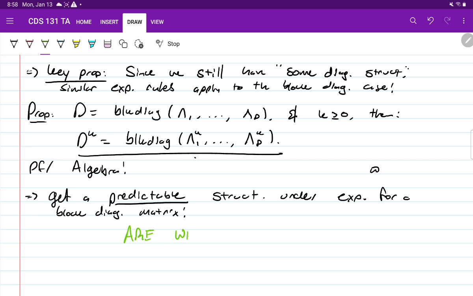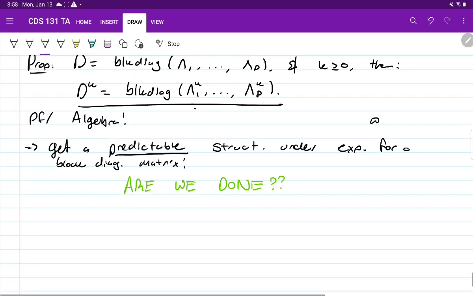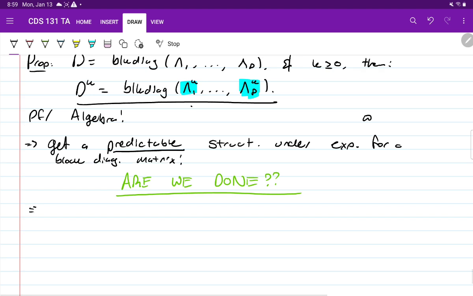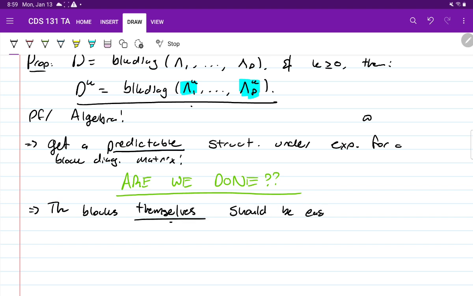Are we done? Well, if we take a look at this formula up here, we actually need to know how to compute the exponents of these blocks, right? So it's not good enough just to have a block diagonal matrix. What we need is that the blocks themselves should be easy to compute exponents of.